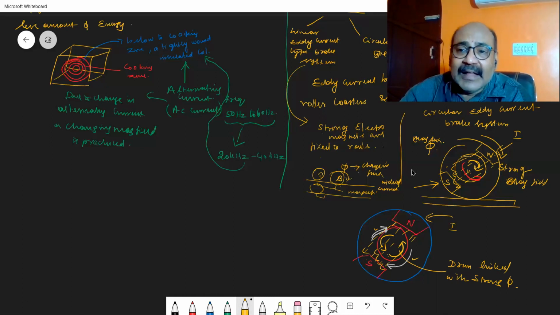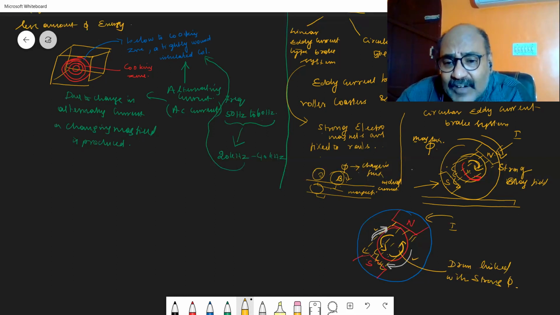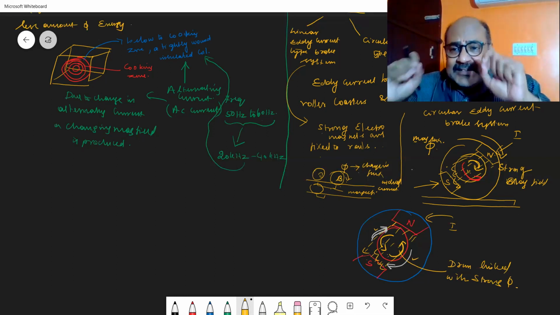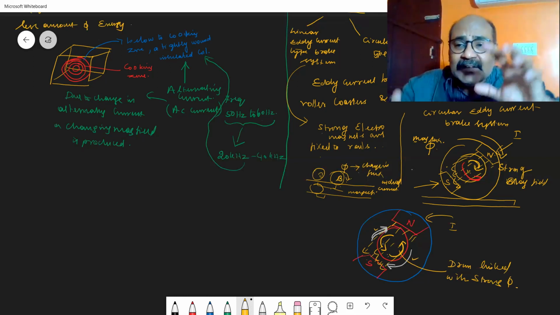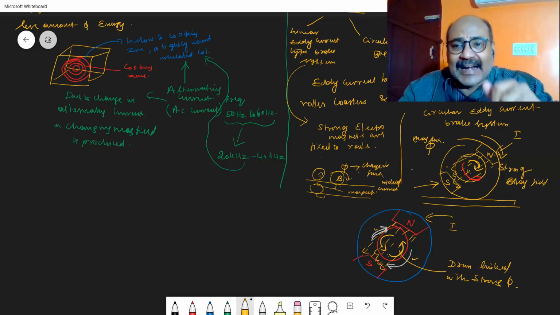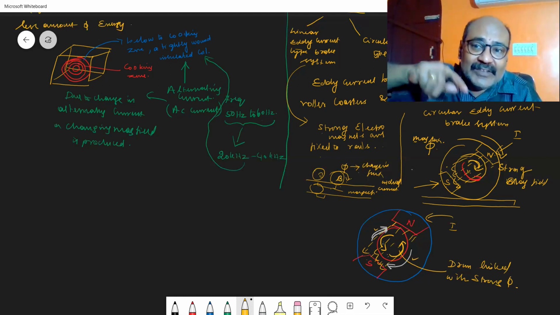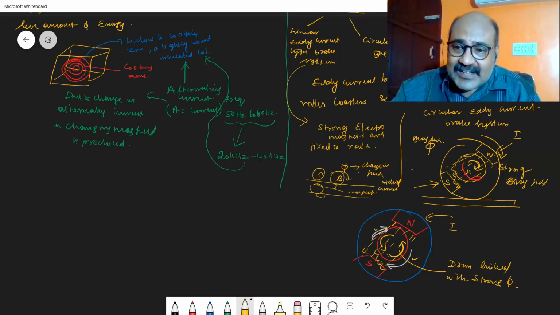In white color I have drawn the change in flux, and in yellow color I have given the direction of the EMF or the current induced. See, the directions of current induced at both ends are equal and opposite. They form a couple. The resultant of the couple is a torque. The torque is produced in a direction opposite to the direction in which the wheel is rotating.